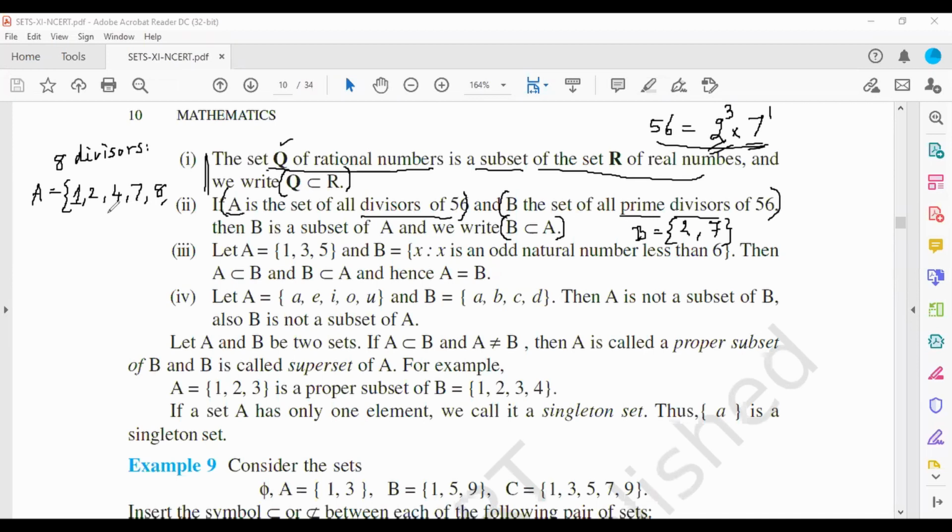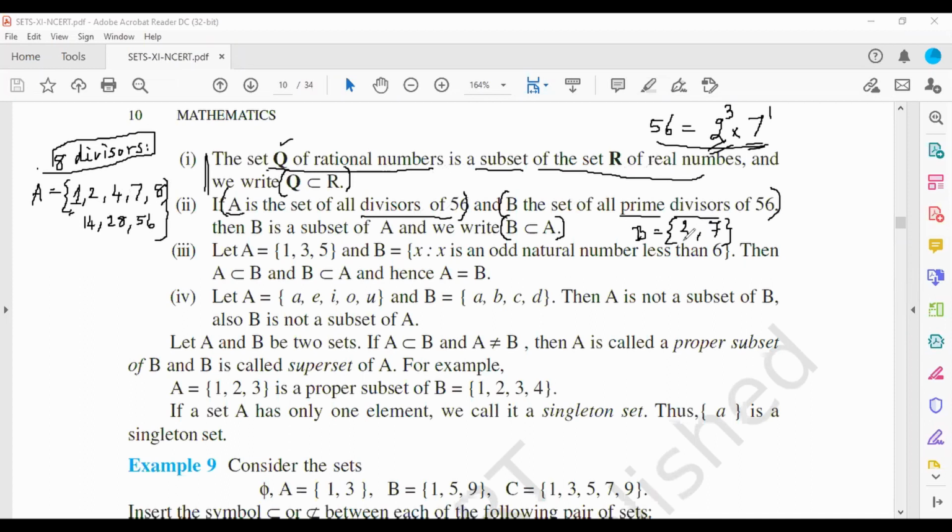Then what else? 14 is a divisor, 28 is a divisor, also 56 is a divisor. Are you understanding how you get 8 divisors? All these numbers divide 56, leaving 0 remainder. Is it not correct? 1, 2, 4, 7, 8, 14, 28, 56, 8 divisors completed.